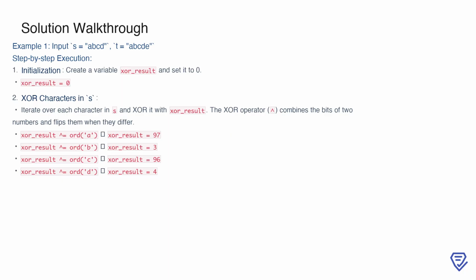This operation effectively combines the bits of the current character with the cumulative result, flipping them when they differ. For example, XORing the ASCII value of a gives us 97, while XORing b updates it to 3, and so on. By the end of this step, XOR_result represents the cumulative XOR of all characters in s.